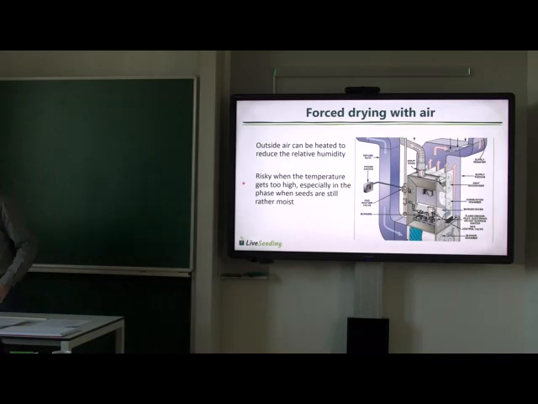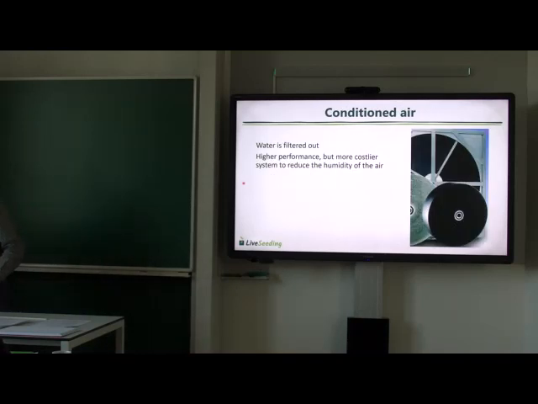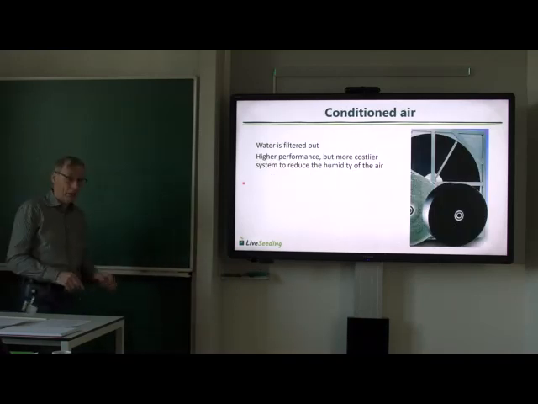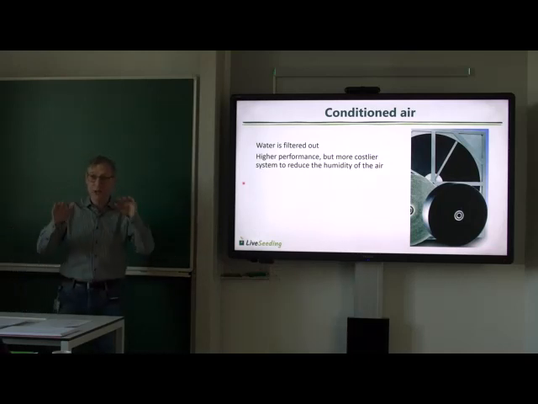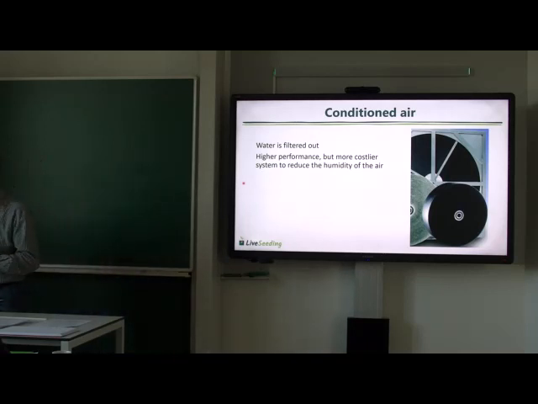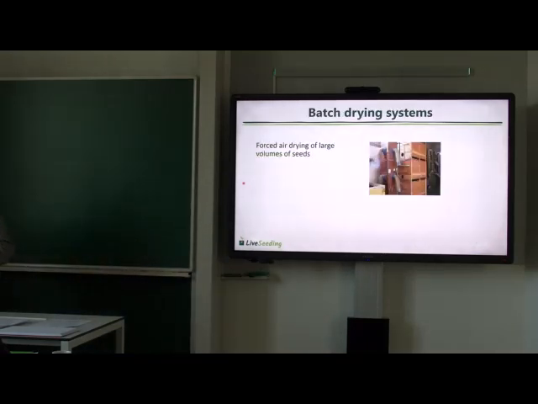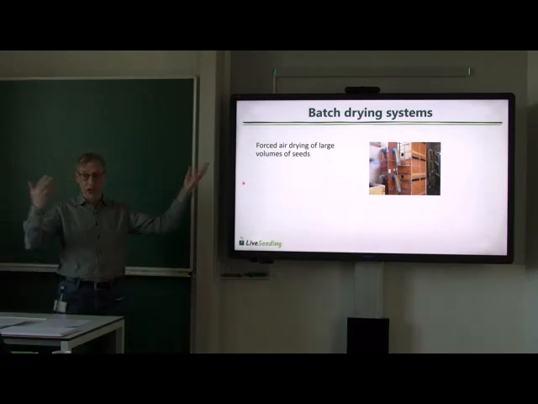Okay, so this is with conditioned air, so not heating the air to reduce the relative humidity, but removing the water with kinds of filters. That's a possibility. This is working with forced air, large volumes.